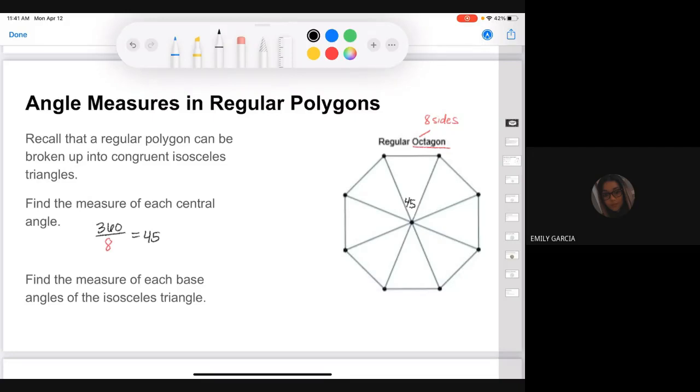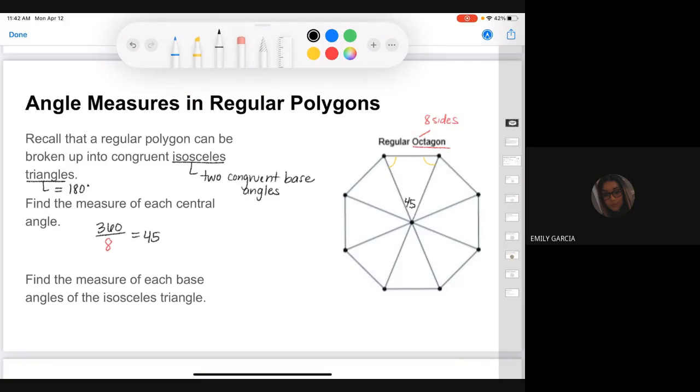But now how do I find the measure of each base angle of the isosceles triangle? So I'm looking for the measure of these base angles. Well, what I know about isosceles triangles is that they have 2 congruent base angles. And what I know about triangles is that they are equal to 180 degrees.